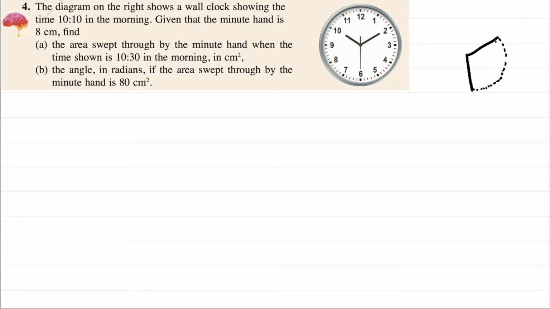So basically, bila jam minit tu bergerak, dia telah membentuk satu sektor. Okay, so kita dah ada sini 8, dia punya radius. And kita nak cari dia punya theta, angle. So, kalau kamu tengok jam, is a full circle. And then, when you see the hour punya hand and minute punya hand dengan second punya hand. Okay, if you can see, it's already divided into 3 equal parts.